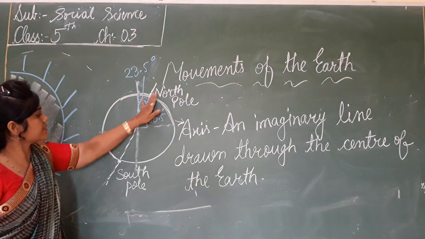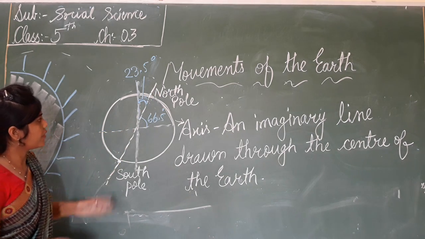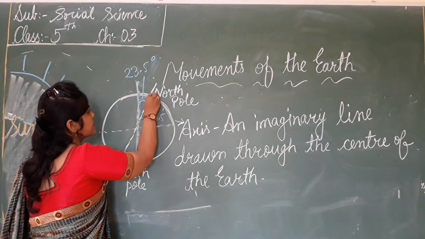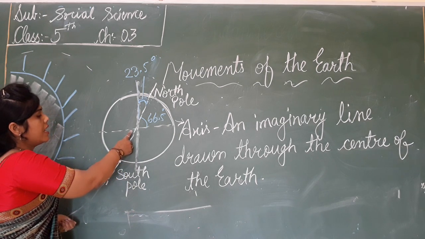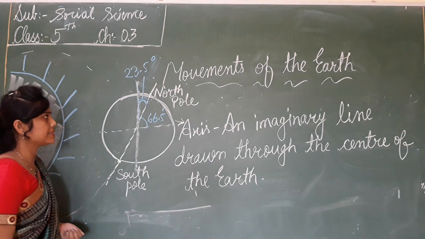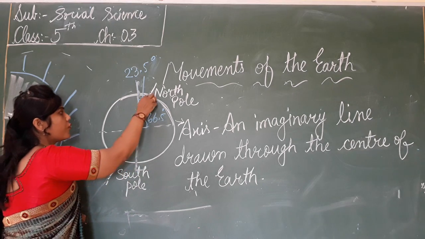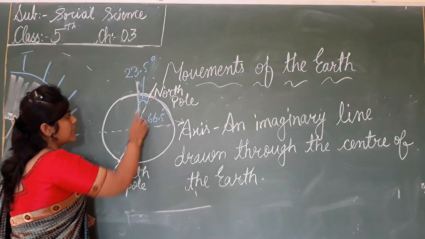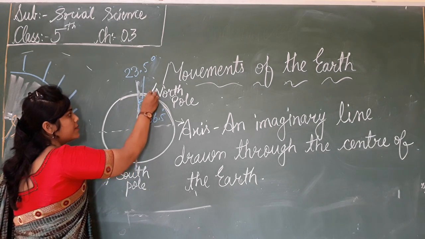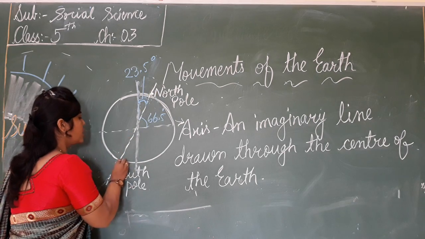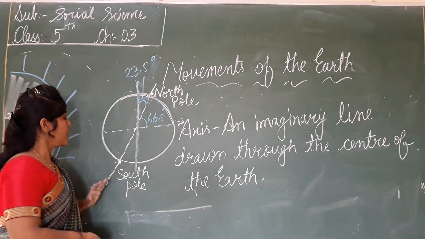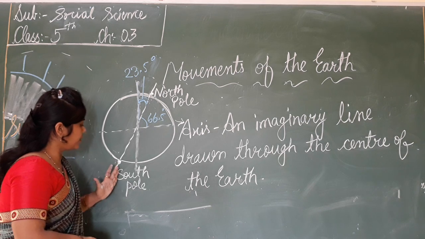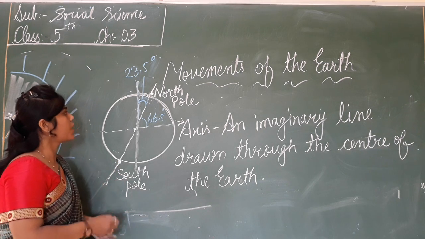So this is an imaginary line drawn through the center of the earth, that is called the axis, and it has two fixed points. The point at the top is called the North Pole, and the point at the bottom is called the South Pole.